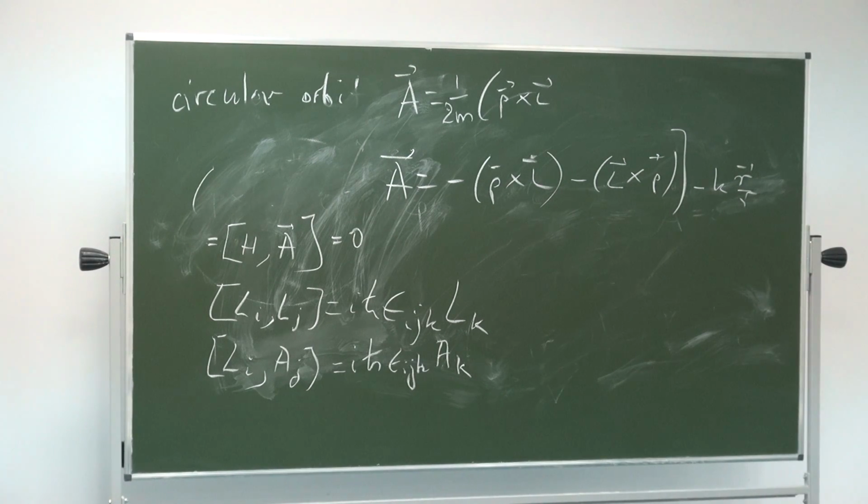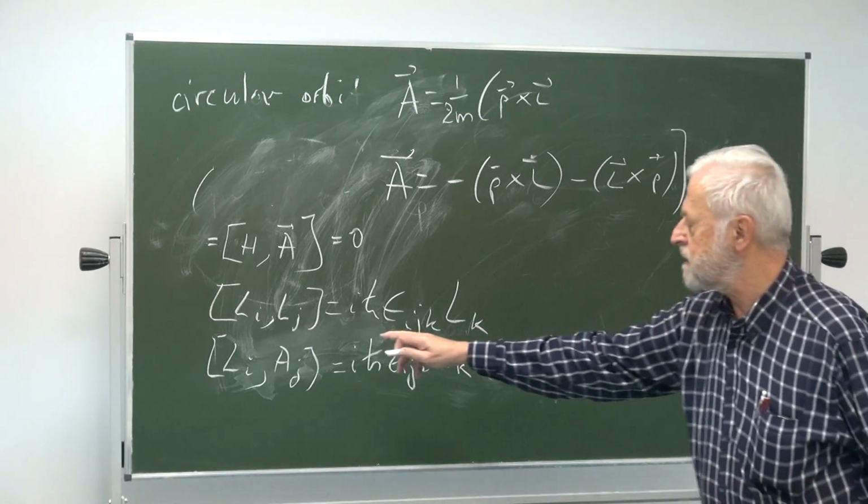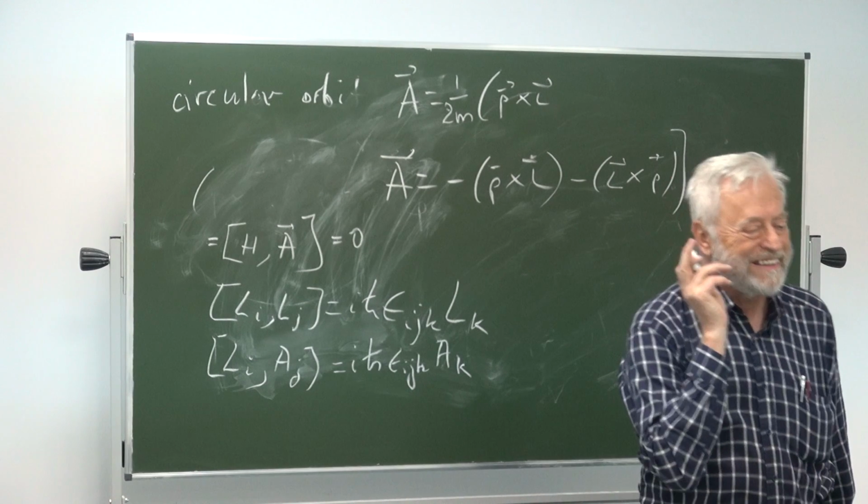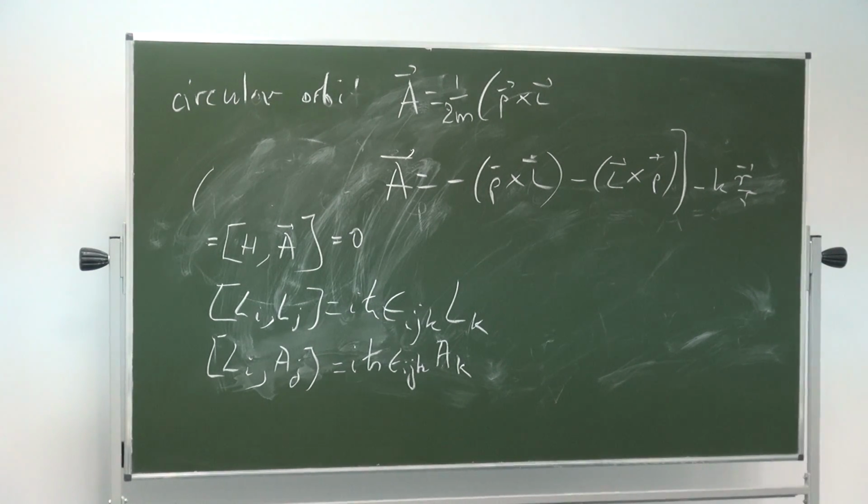Actually, the form of this commutator follows directly and only from the fact that A, this famous vector that we are dealing with, is a vector.